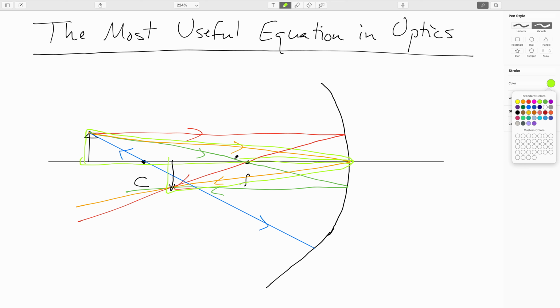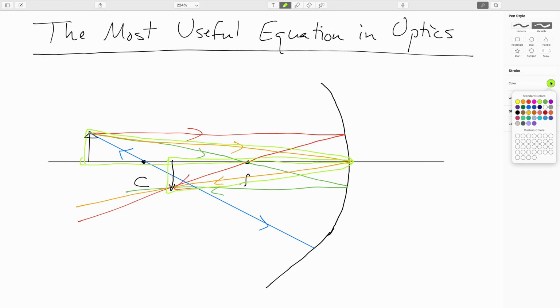Again, it's made with the object, central ray, optical axis, and image, central ray, optical axis. Because angle in equals angle out, and these are right angles, these 2 triangles are similar triangles.